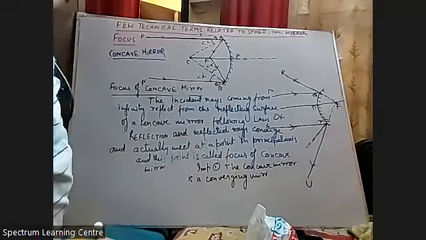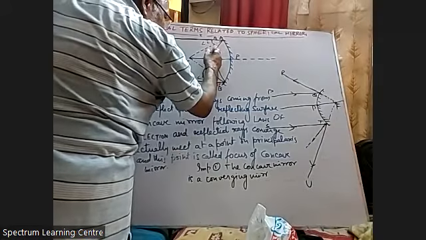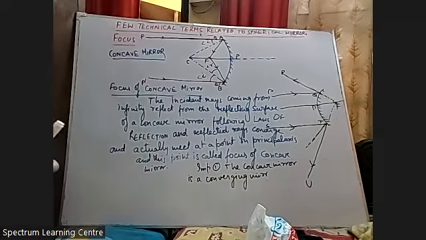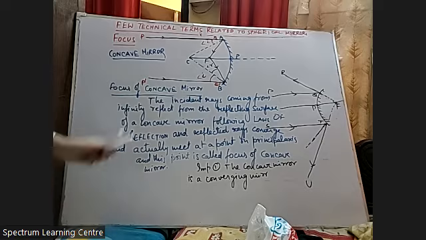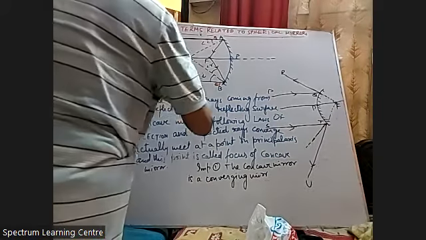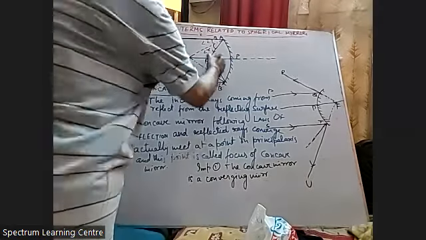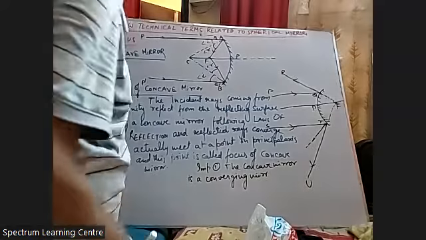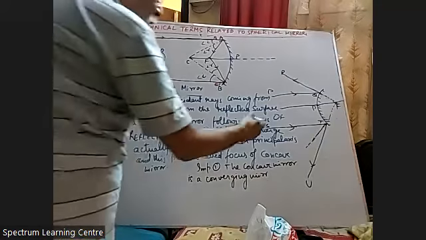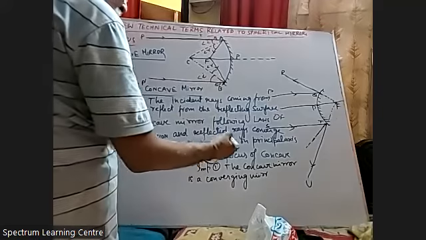And the second point is, can you see the rays are actually meeting here, the reflected rays? This is the reflected ray, this is your R. Clear? So are they actually meeting or not? Yes, sir. At the focus, they meet at the focus.